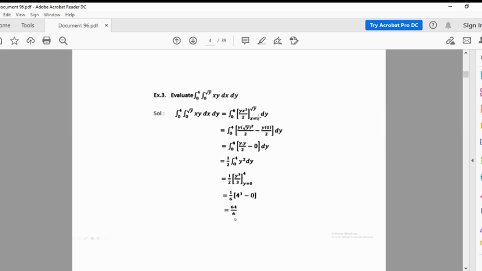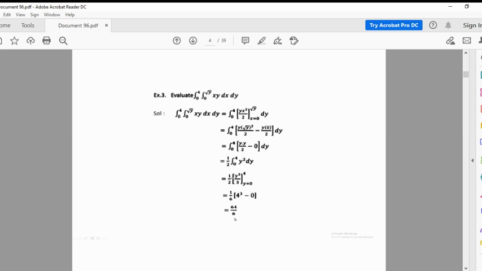Then put the second limit, minus y into 0 upon 2. So it becomes y into root y squared, which is y square, so y into y square minus 0. We can take 1 half as a common factor. Integration from 0 to 4 of y square dy. So 1 half, we get y cube by 3 as the integration of y square, and the limit varies from 0 to 4.